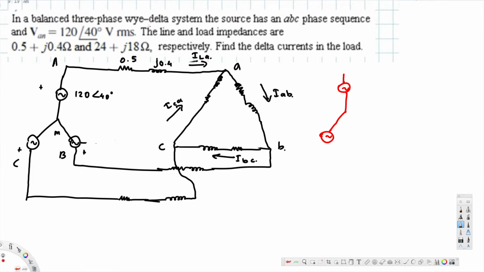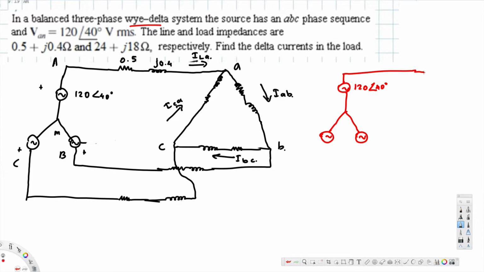It's mentioned in the question, Y-delta. So the source side is Y, and this side is delta. Now we are going to convert both sides into Y. This is already Y, so I keep this one as it is. We don't have to change the voltage because I am keeping the same system.